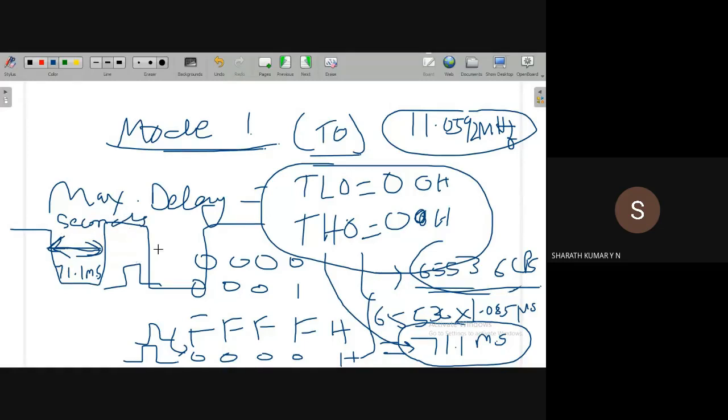Then we have to run the timer multiple times, so that we can generate the required delay, which is larger than 71.1 milliseconds, the maximum delay generated by the timer in mode 1 operation.